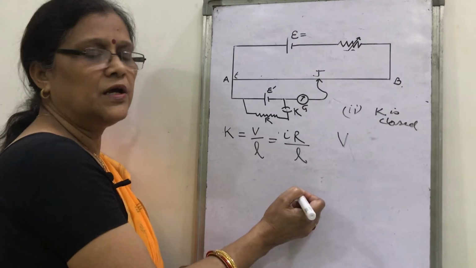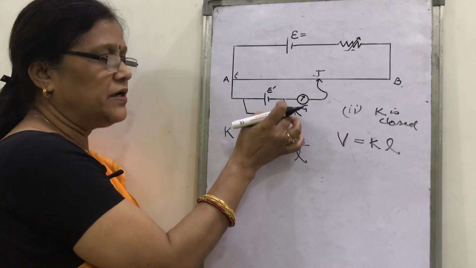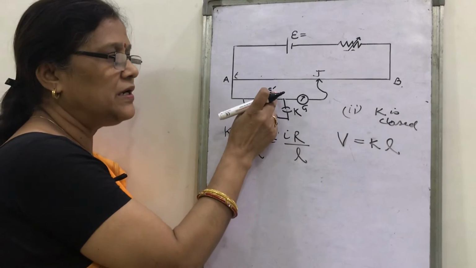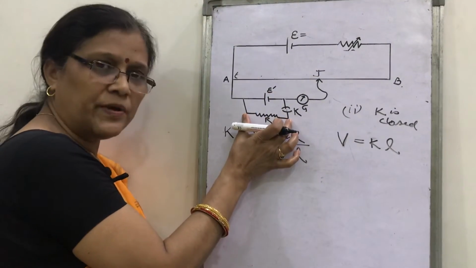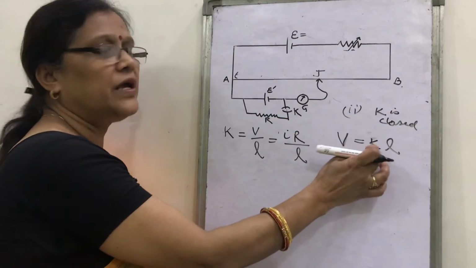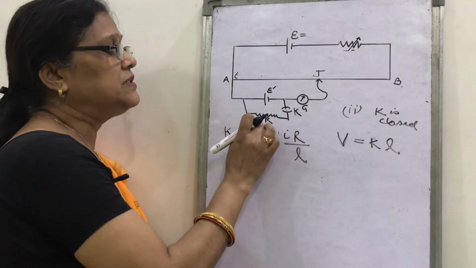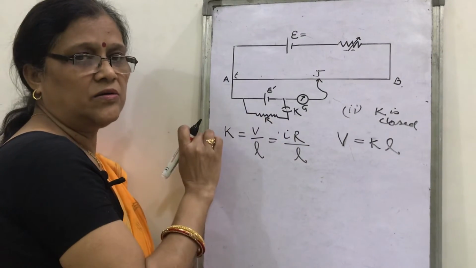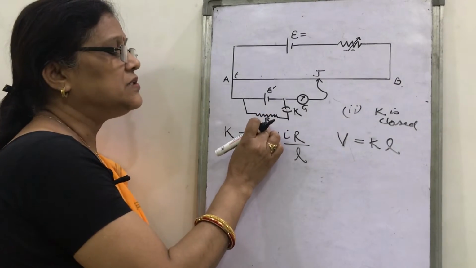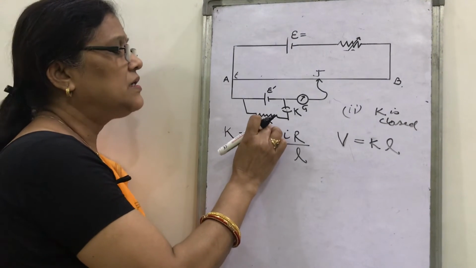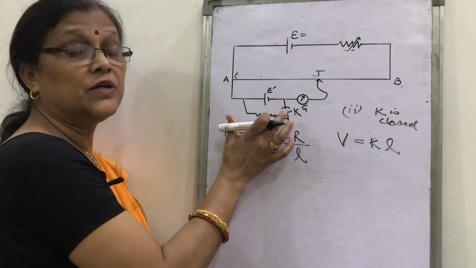Then what is the potential drop across it? Suppose V. Then you know V equals KL. In the experiment you take the first reading when the key is open, then E dash equals KL1. For the second reading you close the key and take the potential drop across it, then V equals KL2. Now V equals KL. It is said that increasing R, what will be the effect on the null point? On increasing R, how will the potential gradient change?